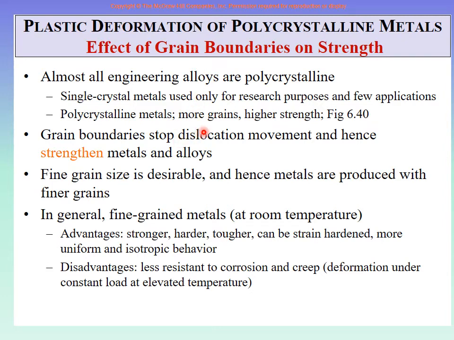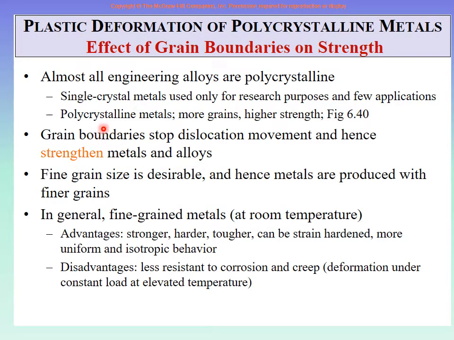Because movement of the dislocation is a proof that the material is deforming, and when it comes to a grain boundary, it stops. So now the dislocation cannot move any further. It means that the grain boundary is a resistance of the material to further deformation. Therefore, we say that grain boundaries strengthen metals and alloys. They increase the strength of metals and alloys.